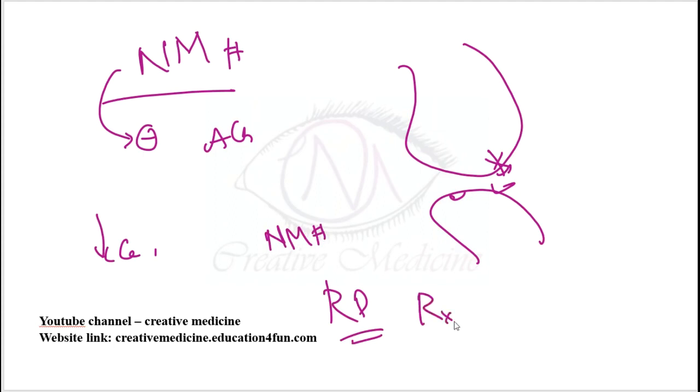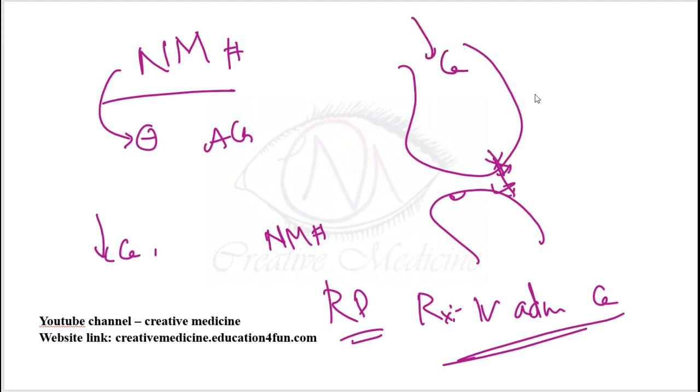The treatment of this neuromuscular blockade is IV administration of calcium, because in neuromuscular blockade the aminoglycosides are presynaptically decreasing the acetylcholine release. If you administer calcium, this calcium will cause increased release of acetylcholine, and as a result the action can be decreased.